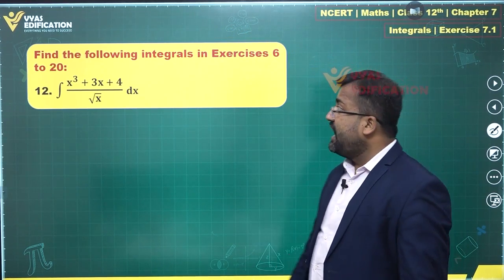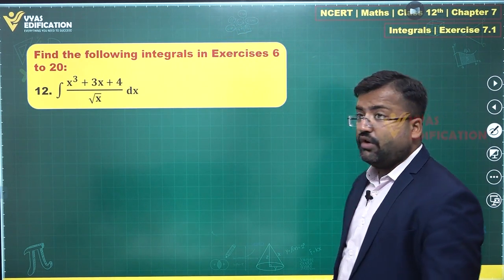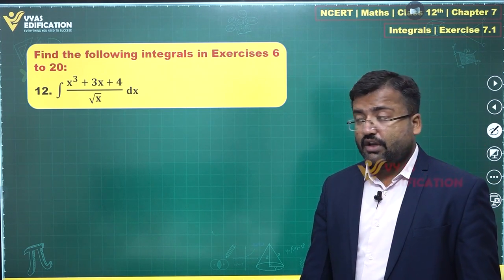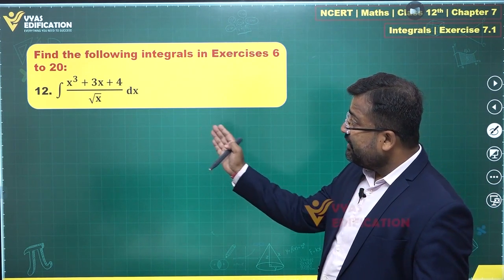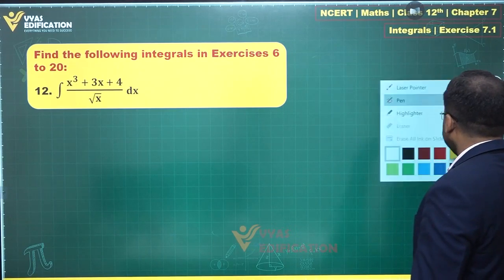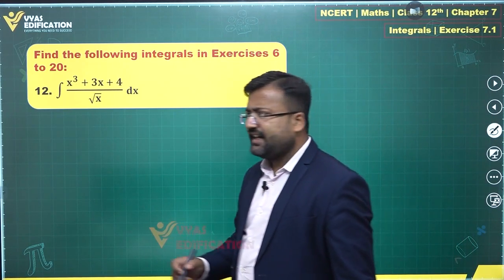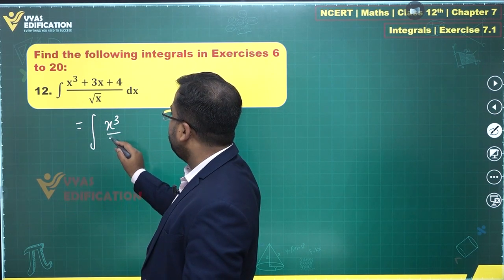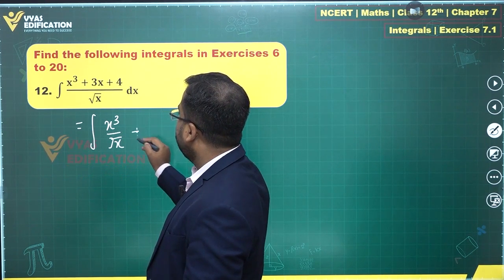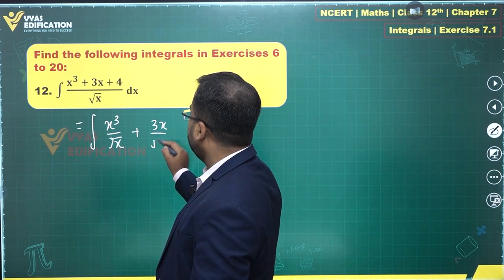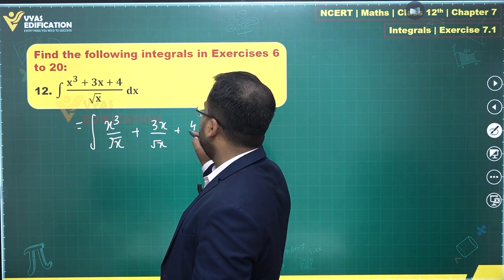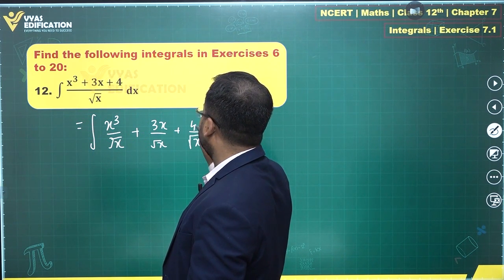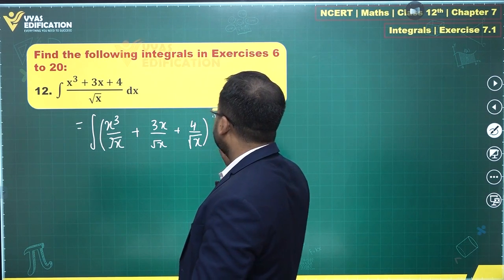In the 12th question, we have x power 3 plus 3x plus 4 whole divided by square root of x. Once again we can take that root x to each of these terms and simplify those terms, then take the integral. So this will be equal to integral of x power 3 upon root x plus 3x upon root x plus 4 upon root x dx.